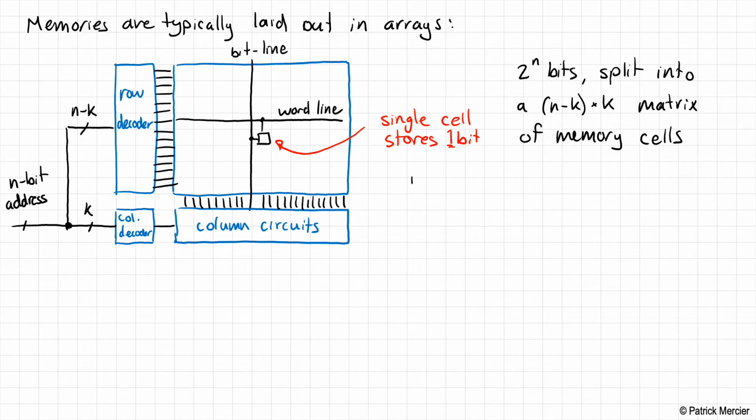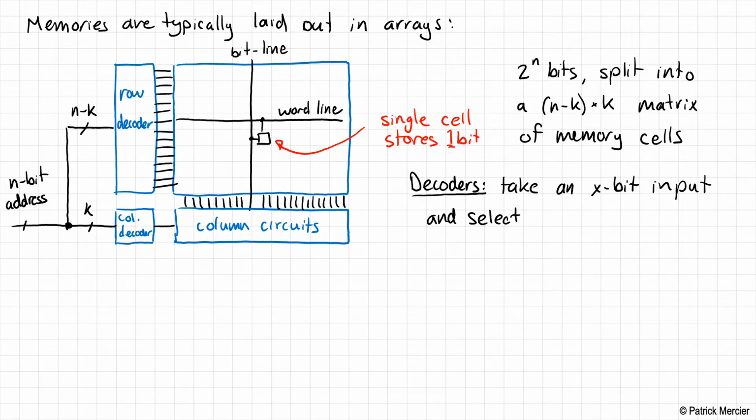So the decoders, what they do is they take an X-bit input and select one of 2 to the X outputs.